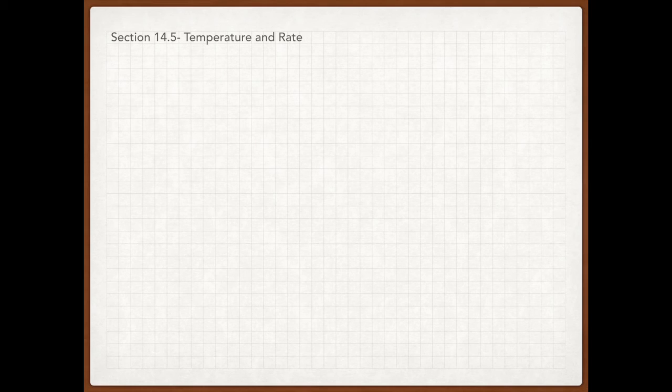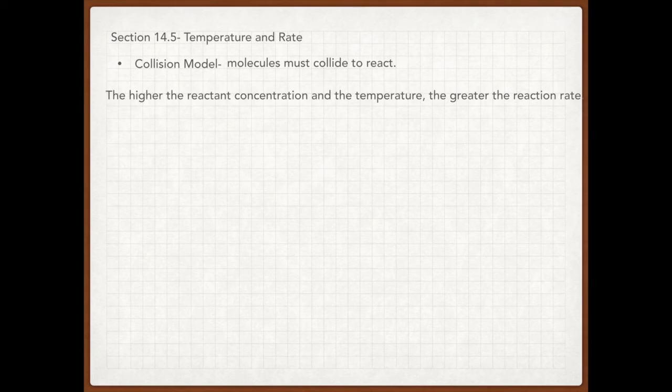So let's talk about the rate of a reaction and what is actually required for a reaction to occur. And so the collision model tells us that in order for a reaction to occur, molecules must collide. And specifically, the higher the reactant concentration, so the more reactants there are, and the higher the temperature, the greater the reaction rate will be.